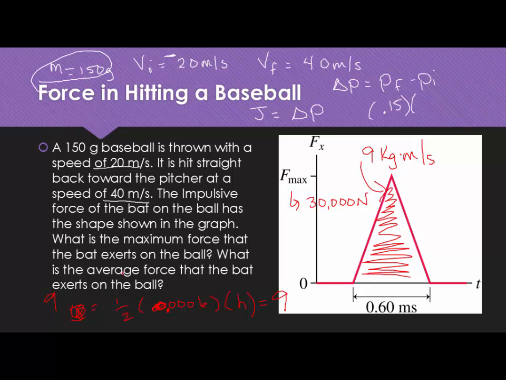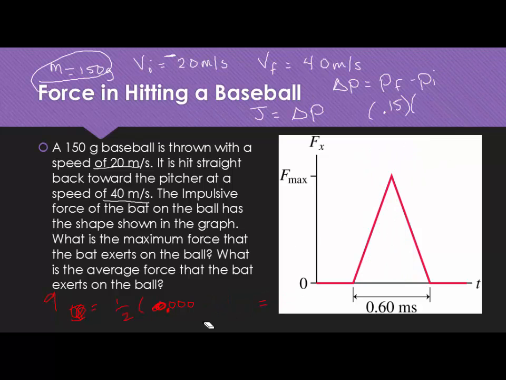And then the average force that the bat exerts on the ball: the maximum force was 30,000.